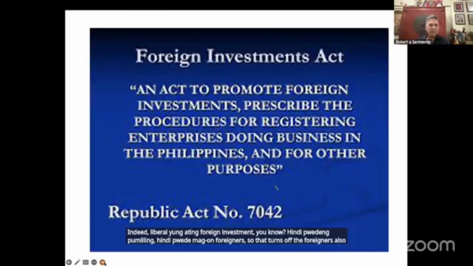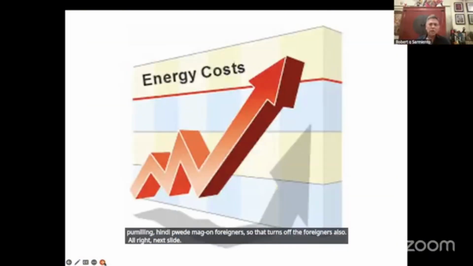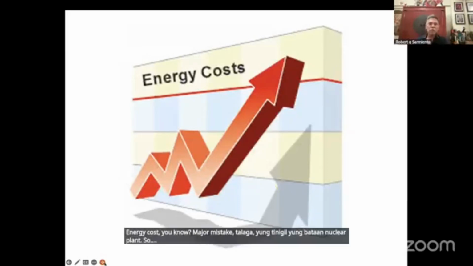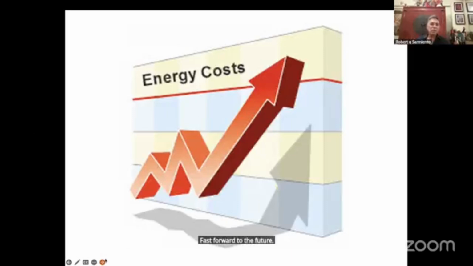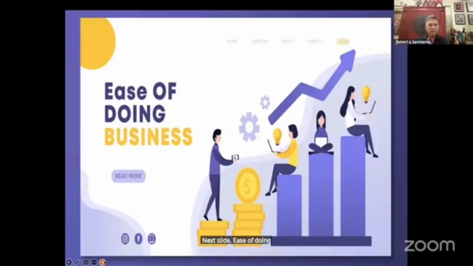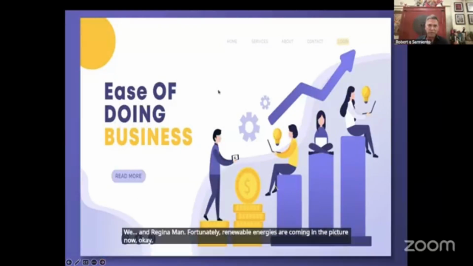All right, next slide. Energy cost, major mistake talaga yung tinigil yung Bataan nuclear plant. So fast forward to the future, our energy cost is one of the most expensive, not in Asia, but in the world. Next slide. Ease of doing business. Now, let me backtrack a bit, with energy naman, fortunately, renewable energies are coming in the picture now, which you will see later on, no?